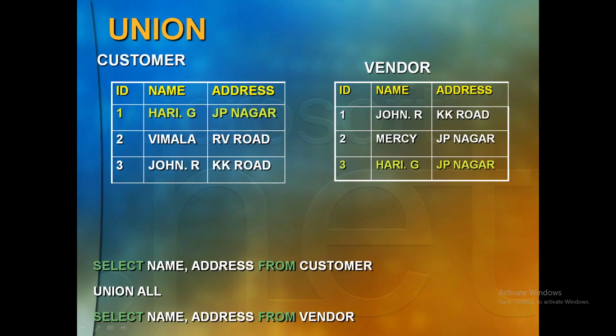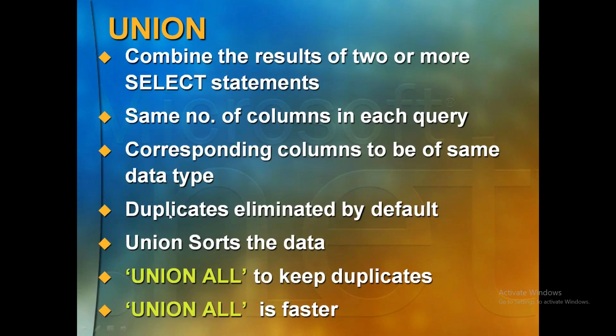If it is a date and time column, this should be a date and time column. If one is an integer column and the other is a varchar column, then you will not be able to use union or union all. Clear? So the same number of columns to be available in all the select statements, and the corresponding columns' data types should be the same. Clear?